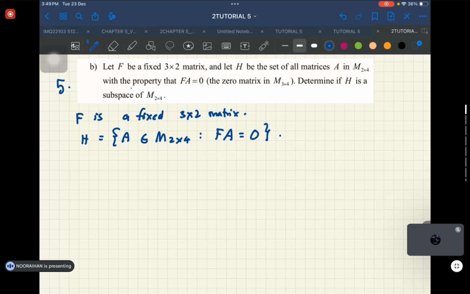Okay, so now let's check the three conditions. Number 1, zero matrix in H. Okay, so take A equal to 0, the 2 by 4 zero matrix.